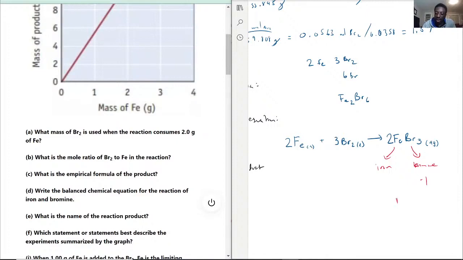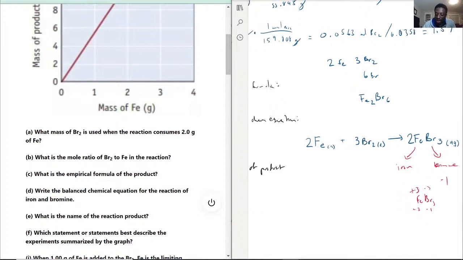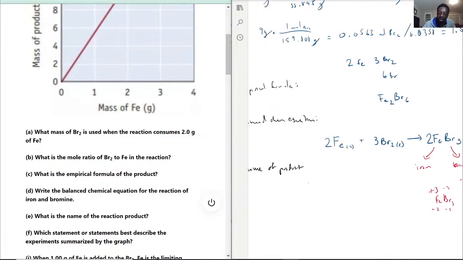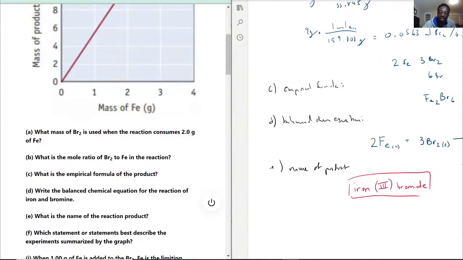In FeBr3, if we have -1 and there are 3, then that's -3 in total. So iron needs to be +3 to make up for it. So now we know iron's charge is +3. Based on that, the name of the product is iron(III) bromine, but then you drop the -ine and replace it with -ide: iron(III) bromide. That is the name of the product.